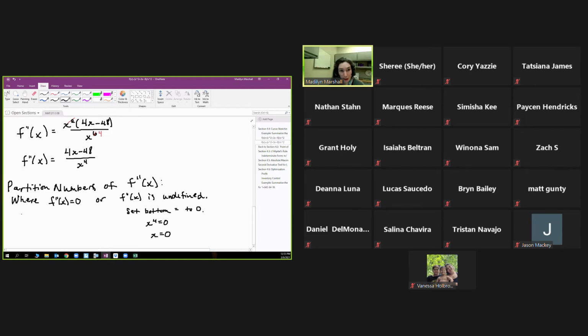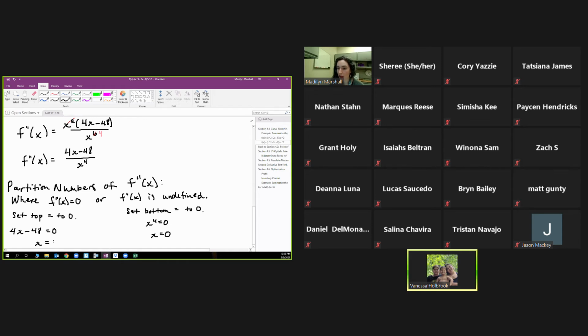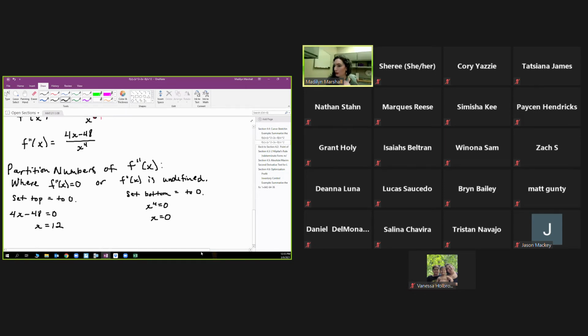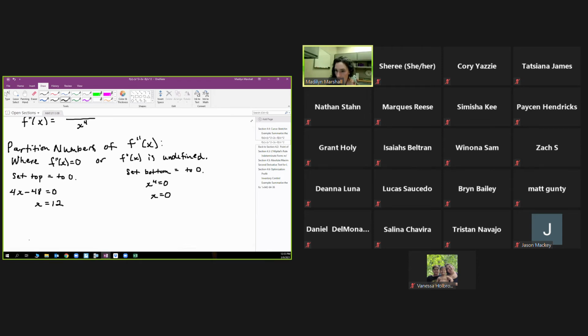And for f double prime equals 0, we just set the top equal to 0, which is 4x minus 48. It's 12, exactly. So that's just like we did for the first derivative, and we now have partition numbers for f double prime.